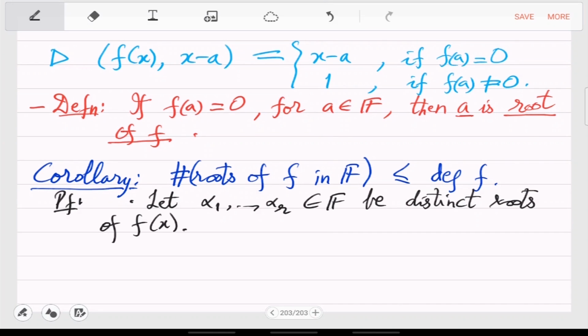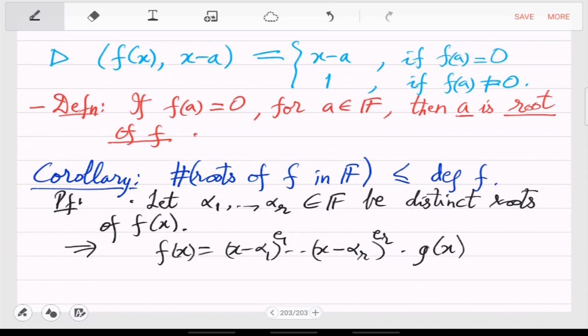Then you can write f(x) as (x minus alpha 1)^e1 through (x minus alpha r)^er, and a remaining cofactor which may also be 1, or some other polynomial which does not have roots, it is free of roots.